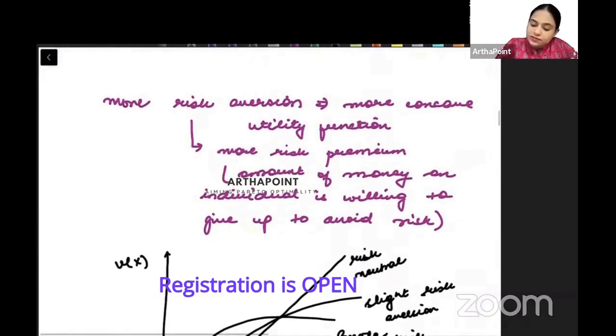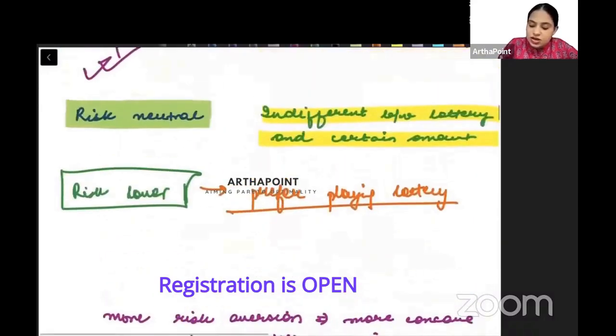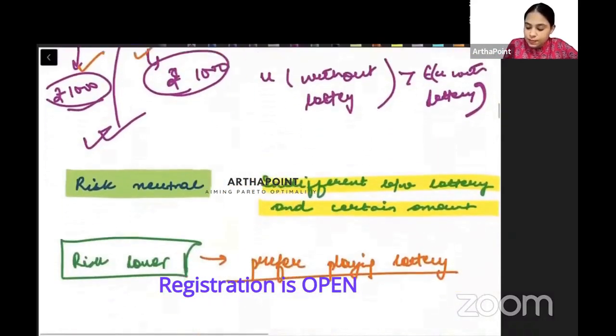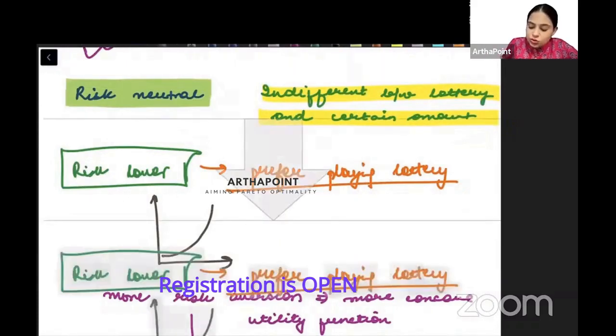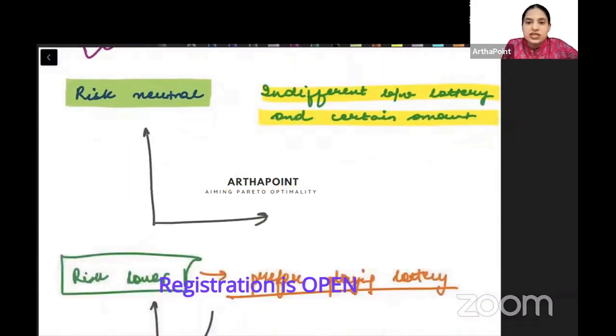So we know that for a risk lover individual, the indifference curves or utility function are convex. For a risk neutral individual, we have seen that the utility functions are linear.